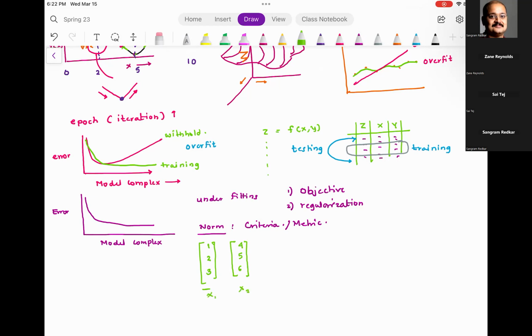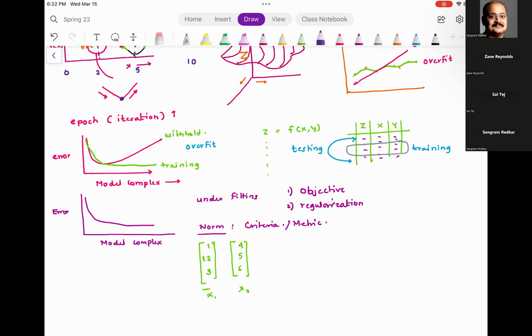So if it was numbers, like if it's just 1 and 4, 2 and 5, 3 and 6, that's very easy. But imagine if I have something like maybe 1, 12 and 3 and 4, 5 and 6. So which vector is greater? So for that, I need to come up with some type of a metric. So that's what is called as norm.